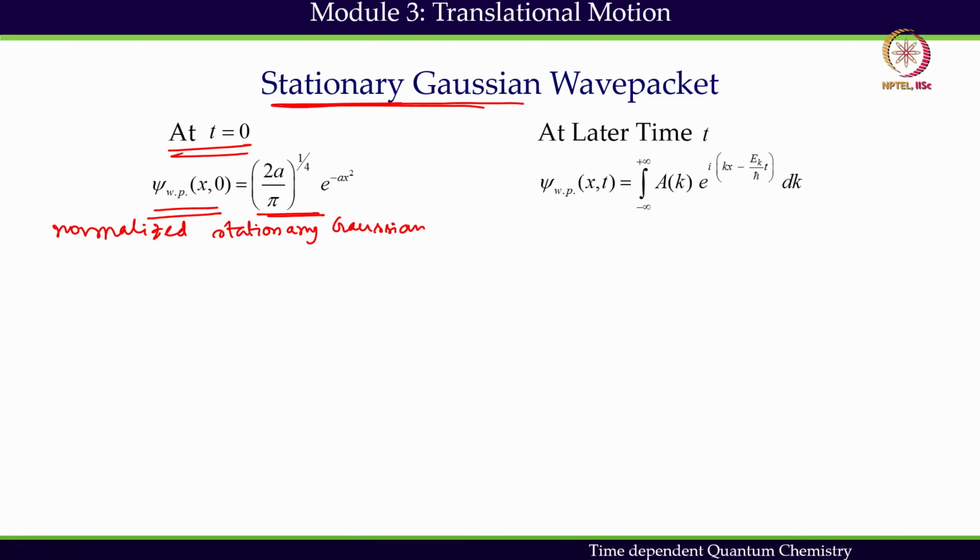If I know what I have at t equals 0, I will be able to find out at any later time the typical shape of the wave function.